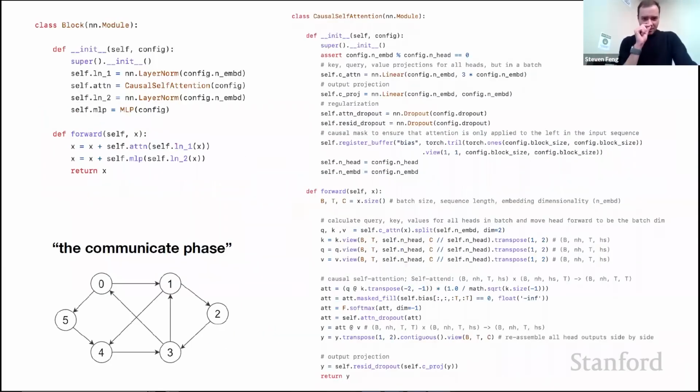And then this is the causal self-attention part, the communication phase. So this is kind of like the meat of things and the most complicated part. It's only complicated because of the batching and the implementation detail of how you mask the connectivity in the graph so that you can't obtain any information from the future when you're predicting your token. Otherwise, it gives away the information.